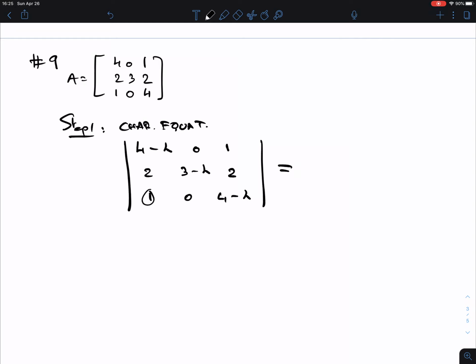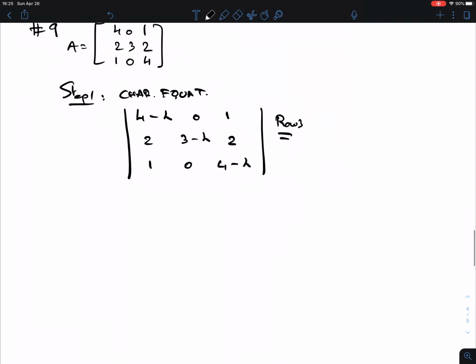I could use this 1 to get zeros, but I'm going to show you that you don't need to if you don't want to. It's up to you. The bigger the matrix, the more inclined you should be to do this. So I'm going to expand along row 3, because there's at least one 0 in there. You could have done something else, but I'm doing that.